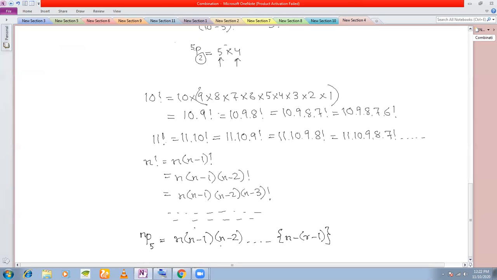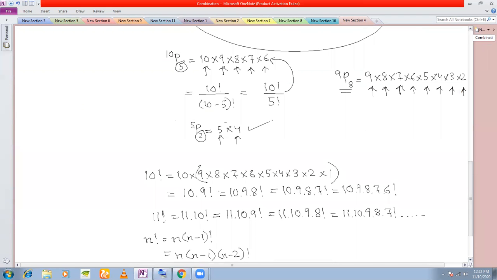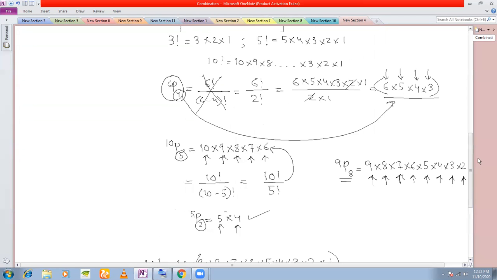Okay, so this is what you need to remember. So please remember the properties of factorial. Please remember the formula for NPR, and please remember the shortcut, how to use NPR, and the concept of NPR also.